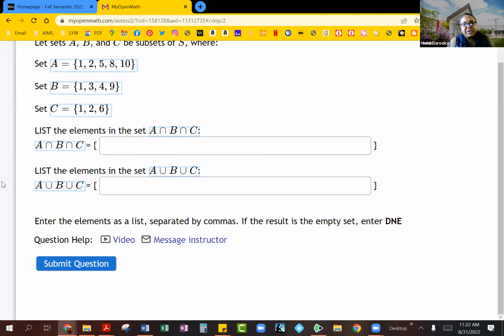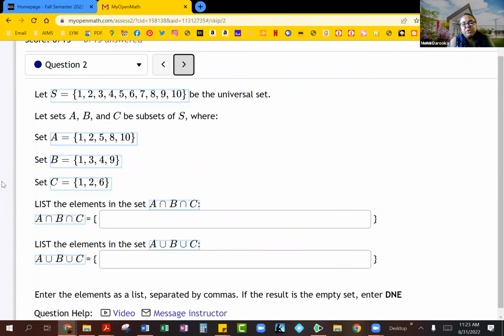And then here you can see they're getting into the intersection and union of 3 different sets. So again, remember, when we're talking about intersection, we are talking about all that is common between the 3 sets. So when you look at sets A, B, and C, only those elements which are listed in all 3 of them would go under the intersection.